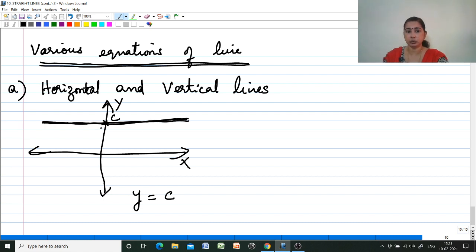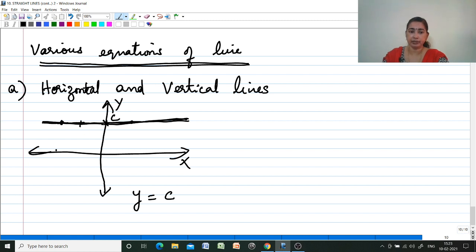Suppose it is passing through the point 3. On this line, wherever you take any coordinate, it will have the y coordinate as 3. So this coordinate is 3 comma 3, this is 1 comma 3, this is 0 comma 3, and on this side it is negative, minus 1 comma 3, minus 3 comma 3.